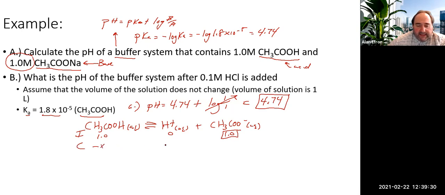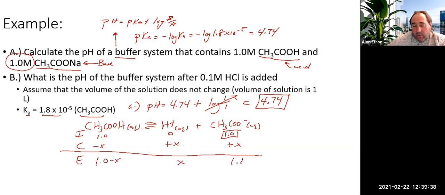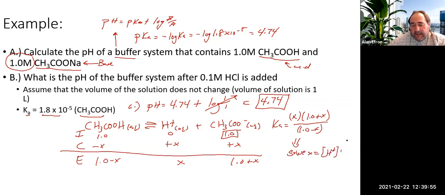Change would be minus x, plus x, plus x, 1 minus x, x, and 1 plus x. This obviously would go into our Ka, which would give you x times 1 plus x divided by 1 minus x. And I won't continue the rest of it, but you basically solve for x, which would be your H plus, and then you could go into your pH, and it should end you right there as well. So any questions on the alternative approach that you would take?